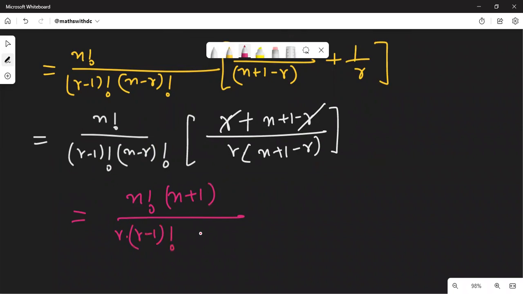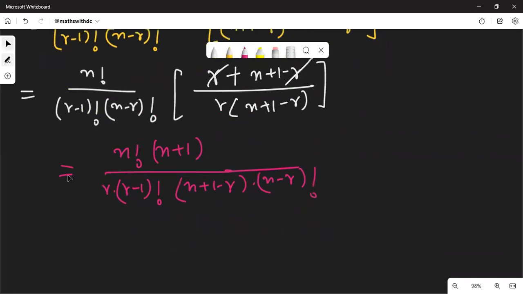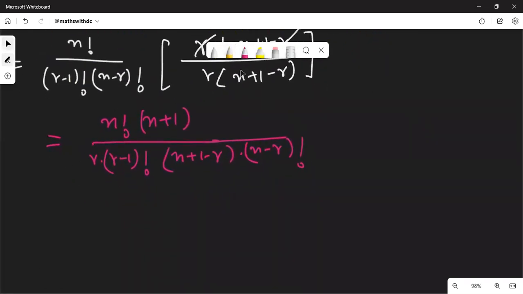And this one is (n plus 1 minus r) times (n minus r) factorial. If you look carefully, these things can be written as n factorial times (n plus 1). See, any number times one bigger number, this becomes (n plus 1) factorial in the numerator.